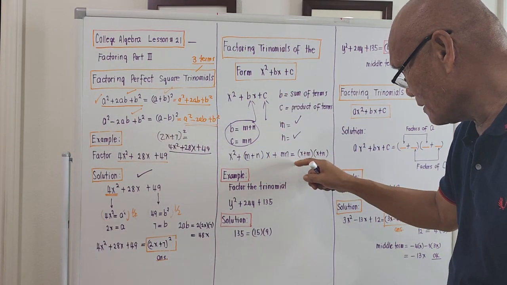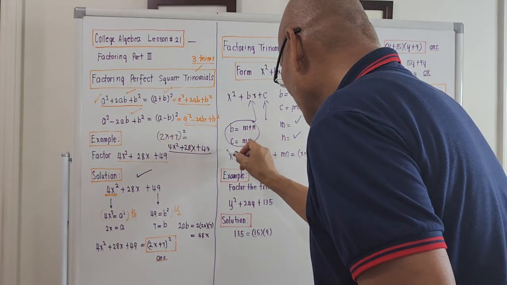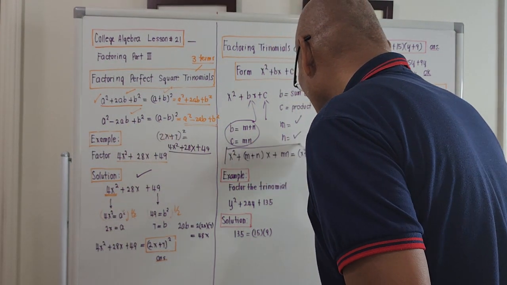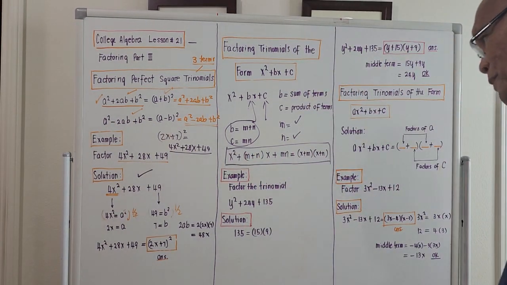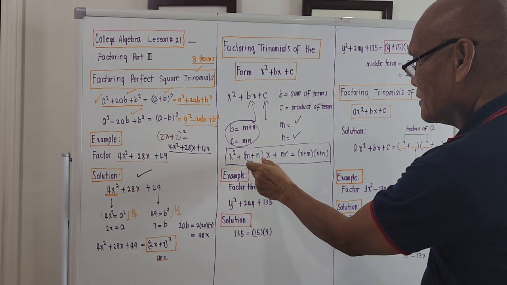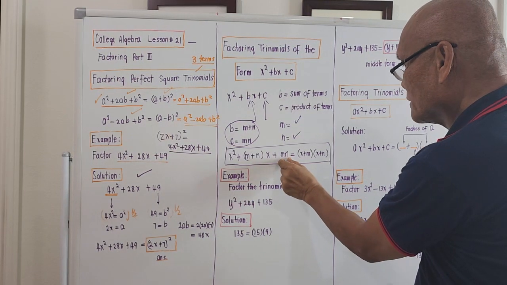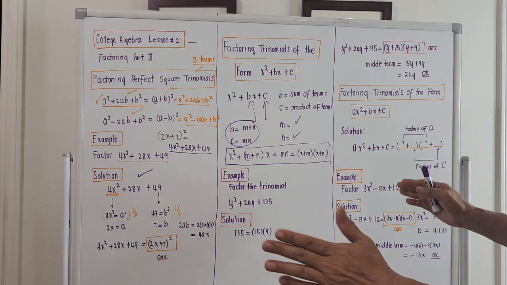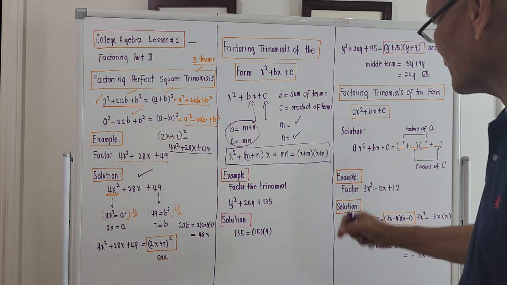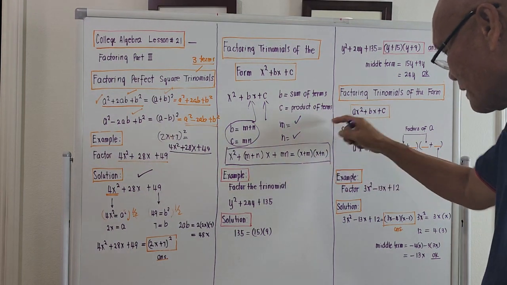So if we got this form here, this should be the solution. This coefficient here should be the sum, and this pure number here should be the product of the two terms. And the resulting factor will be the quantity x plus m times the quantity x plus n.